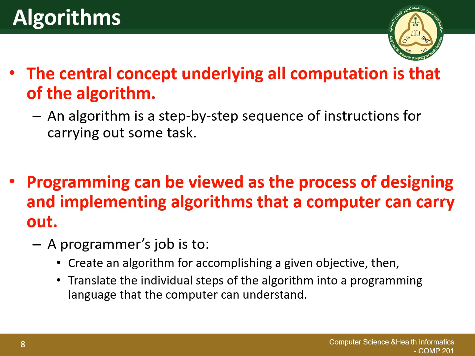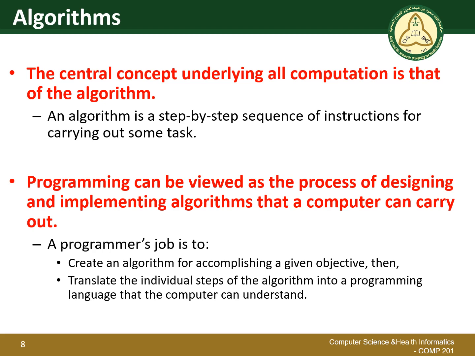The science of computation is about solving problems, so it is based on algorithms. هنا definition بسيط للalgorithm. So an algorithm is a step-by-step sequence of instructions for carrying out some task or to accomplish a specific task. العملية هذه عادة بيقوم فيها programmer وبنسميها programming process.